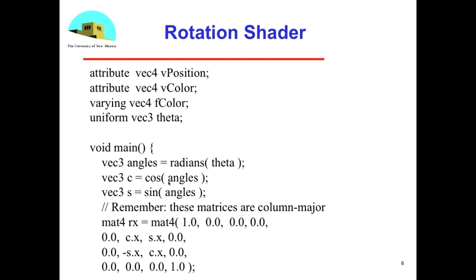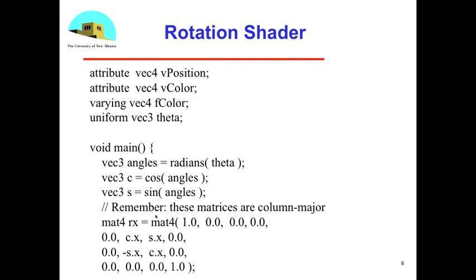Likewise, the trigonometric functions are overloaded, so that if I put in 3 angles and ask for the cosine, I get 3 cosines in a vec3. So it makes for very nice, clean, short code. And now I have the sines and the cosines of all these angles, so I don't have to keep recomputing them. Saves me a little bit of work.